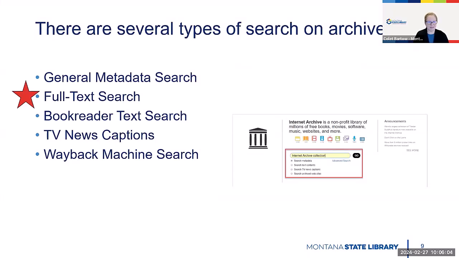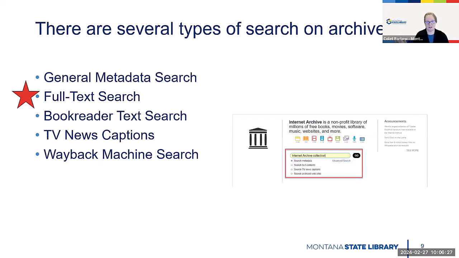So there are a couple of different searches, and the Internet Archive, when you go to their homepage, they display these, and they also have some help information. And so some of the information I'm sharing in the next couple of slides is taken from their help resources. And a lot of times, one of the things that we want to do is actually do a full text search.